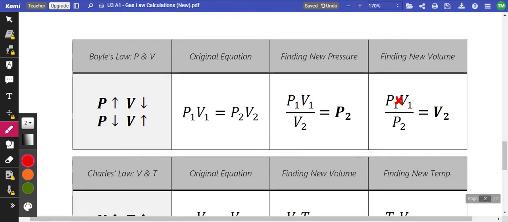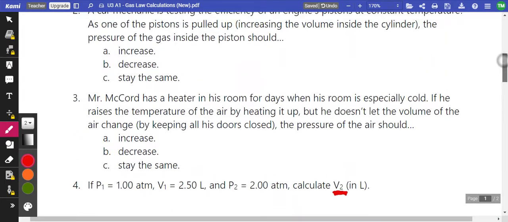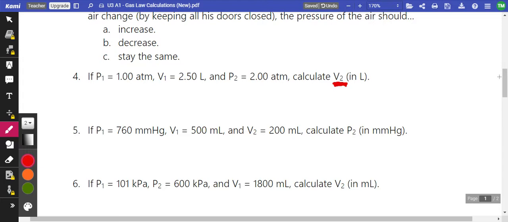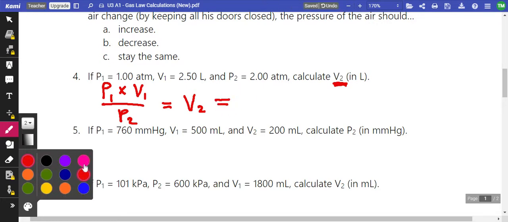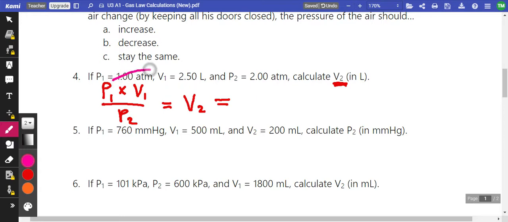Okay, so let's try that. P1 times V1 divided by P2 is going to equal my V2. If I replace these variables with what I know, my P1 is 1.00 atmospheres.